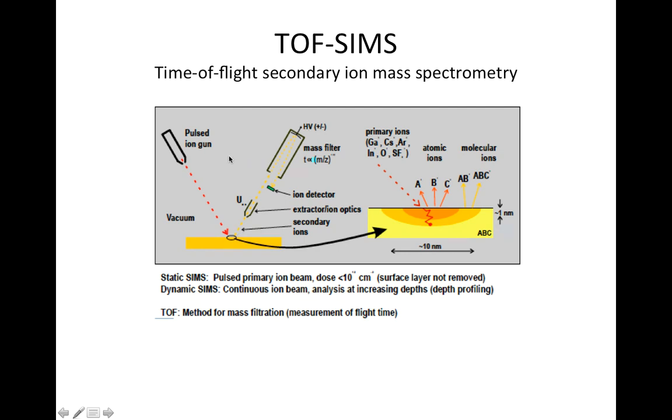I mean, I'm sorry, you get these sputtered or ejected ions, and then you get them here in this analyzer, and basically an enlargement of this area is here. You get the primary ions, and then you get atomic ions or molecular ions, and the thickness of the analysis is just less than 1 nanometer or 1 nanometer. So the time of flight is a method for mass filtration.